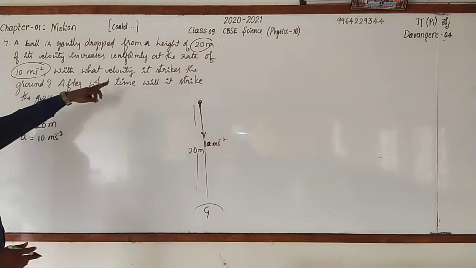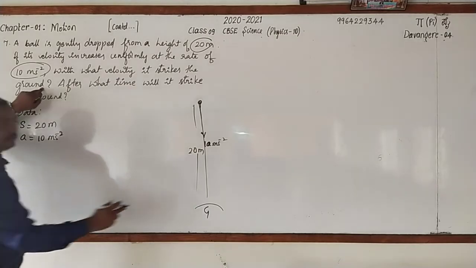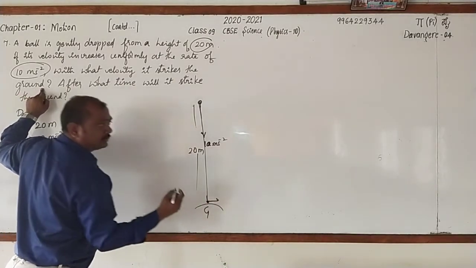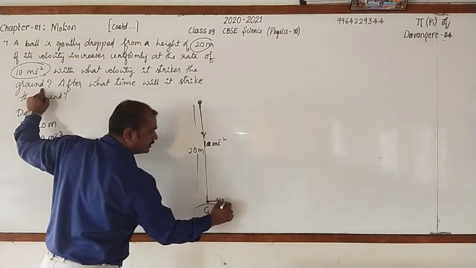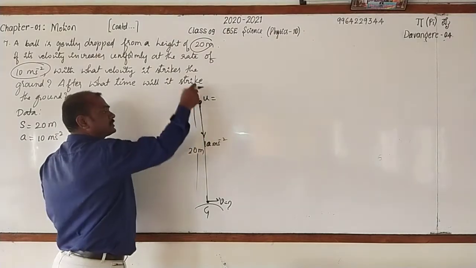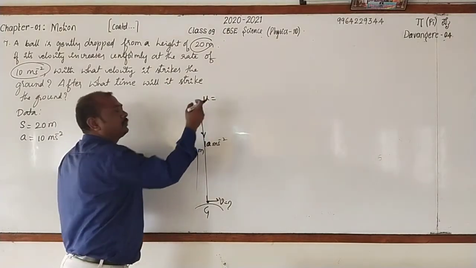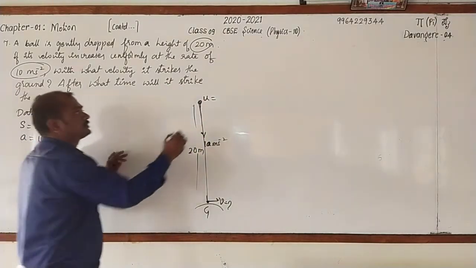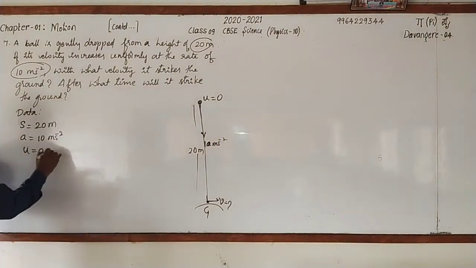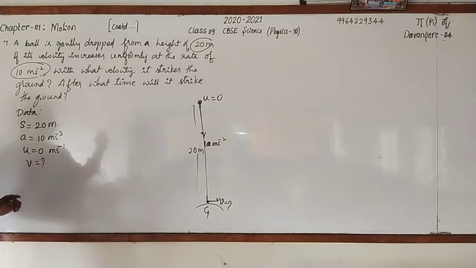Then with what velocity does it strike the ground? It hits the ground with some velocity. You are going to find out that velocity, that is V. That means U, when it was at a height of 20 meter, what was its velocity? It was 0. So here I write U equal to 0 meter per second. And you are going to find out V, first thing.